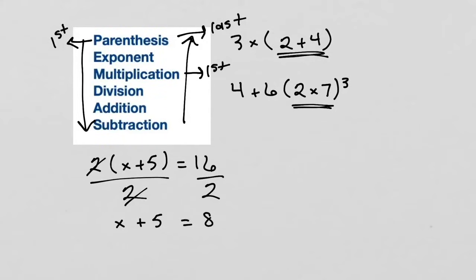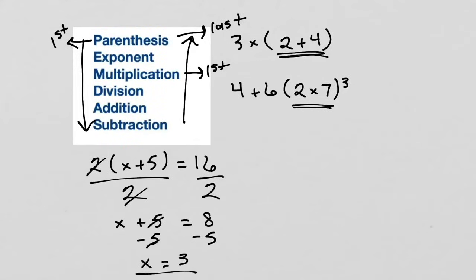Once you're about to perform the operation in parentheses, you can remove the parentheses. We will get rid of the plus 5 by subtracting 5 from both sides. The 5 will cancel out. 8 minus 5 is 3. Therefore, x equals 3.